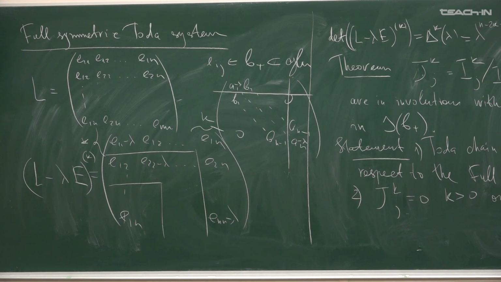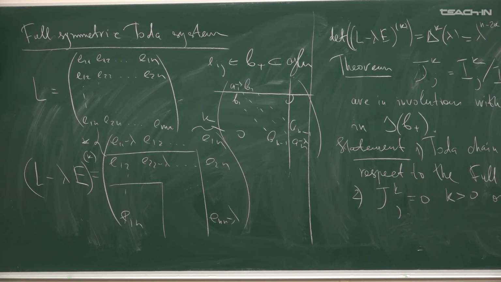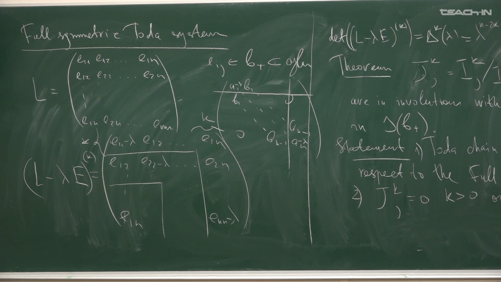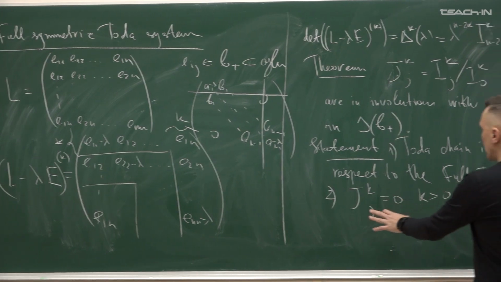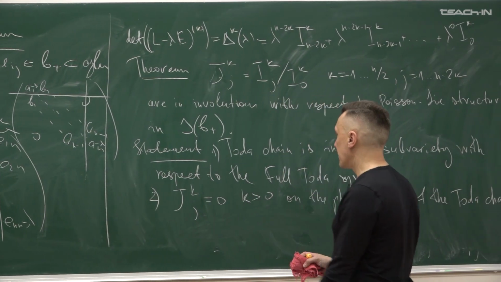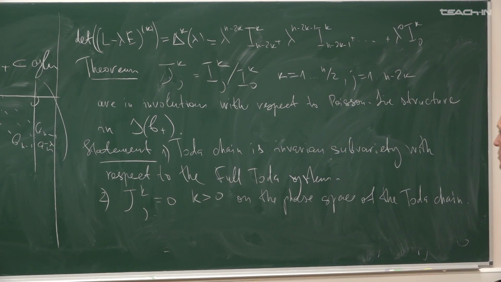They are just zeros. So you see the Toda chain phase space is a subspace of the level set of Hamiltonians of the full Toda system.